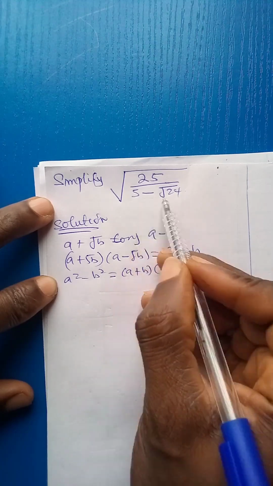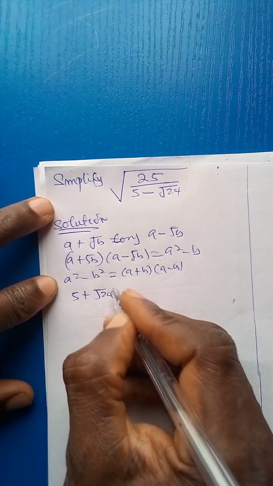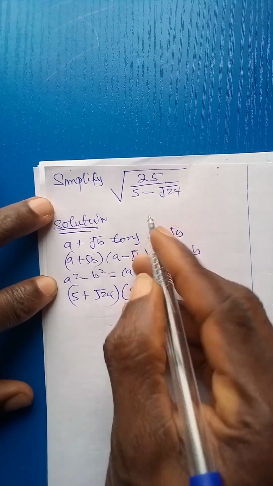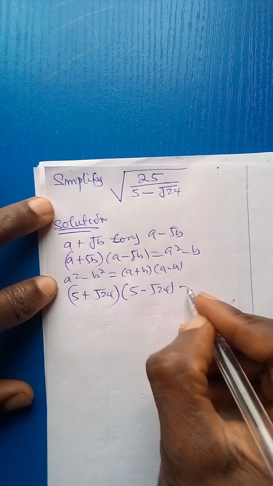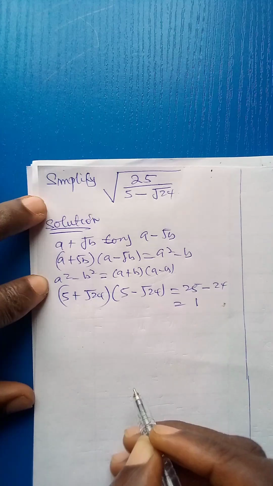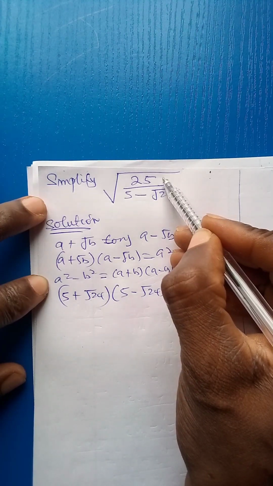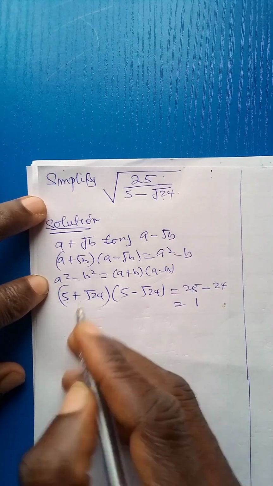So what is the conjugate of this? It is simply 5 plus root 24. If I multiply it by 5 minus root 24, which is the original surd expression in the denominator, I have 25 minus 24, which is 1. So let's multiply this, that's the numerator, and this, that is the denominator, by 5 plus root 24.